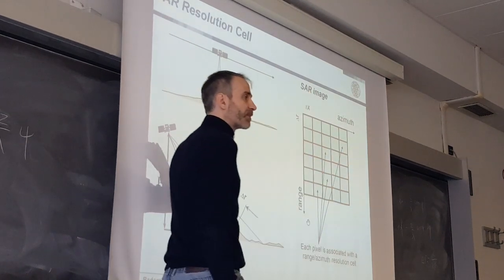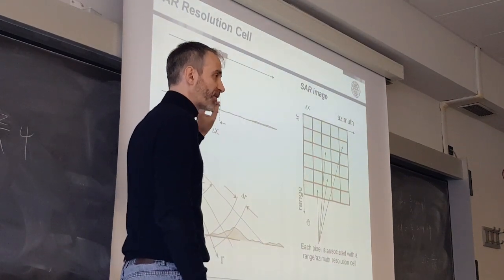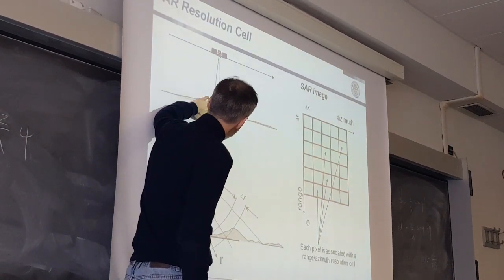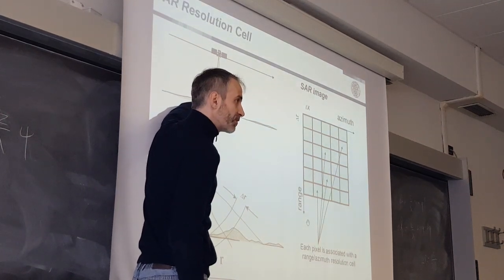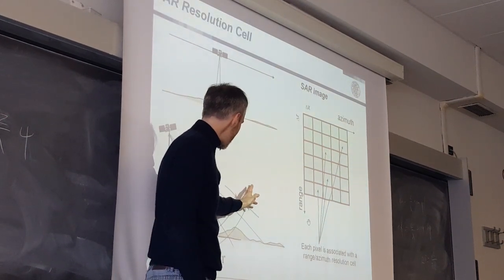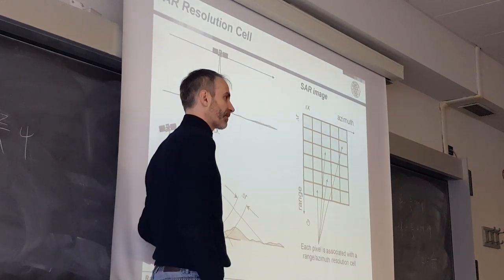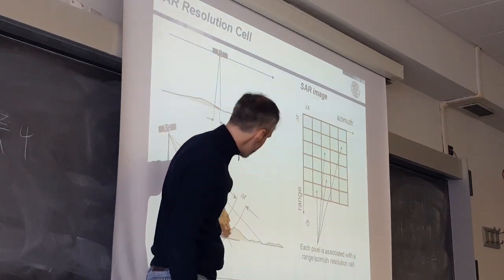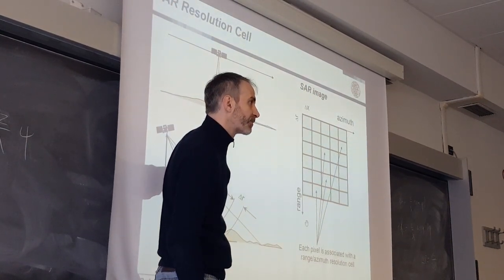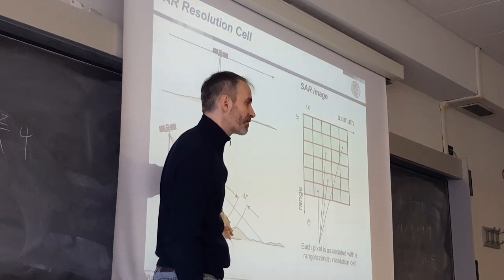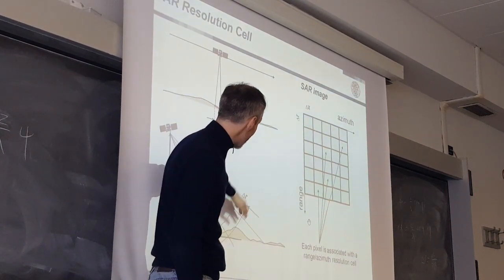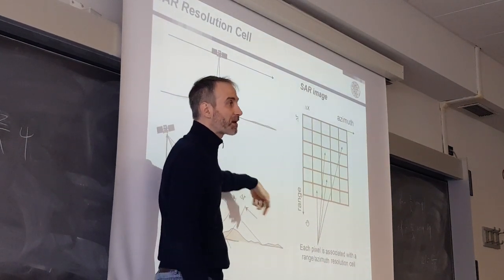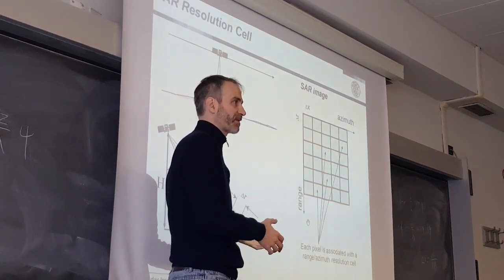The value of this pixel depends on the targets in this azimuth position and at the same minimum distance from the radar. Physically, all the targets here are at the same minimum distance from the radar. So this pixel is the result of whatever falls into this resolution cell. And this is the concept of resolution cell.